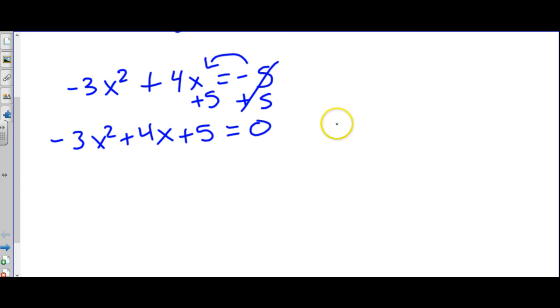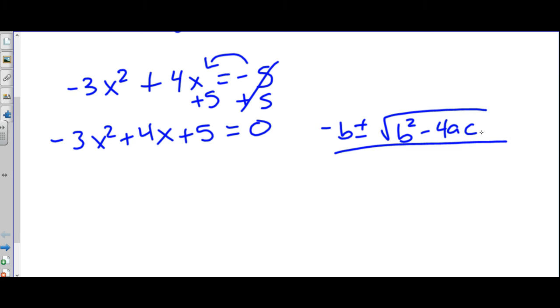Now that we have it set equal to 0, we can identify which numbers we're using to represent A, which number we're using to represent B, and which number we're using to represent C. The number in front of the x squared term is used to represent A. The number in front of just plain old x is used to represent B. And the constant term before the equal sign is used to represent C. Everywhere I see a B, I'd replace it with the number 4.